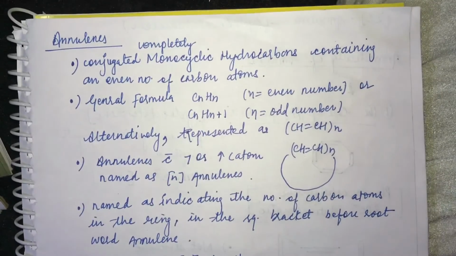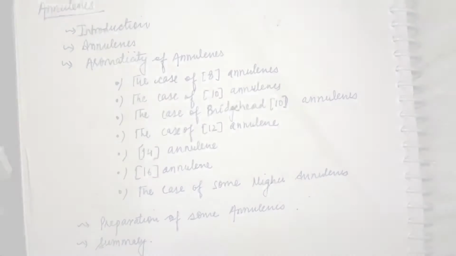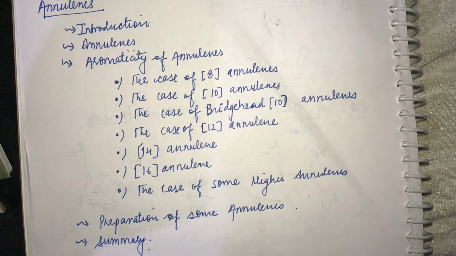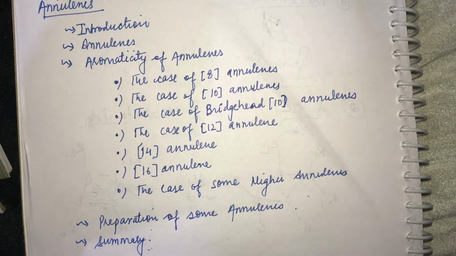We have annulenes. So dear students, now we are all well versed with the conditions required for a structure to be an aromatic compound, an anti-aromatic compound, or a non-aromatic compound. First, it is cyclic, planar, and has continuous delocalization of pi electrons, with or without the participation of lone pairs, positive charge, or negative charge.